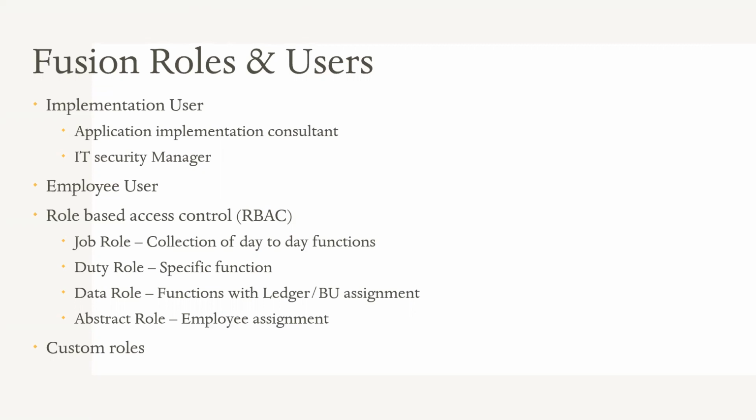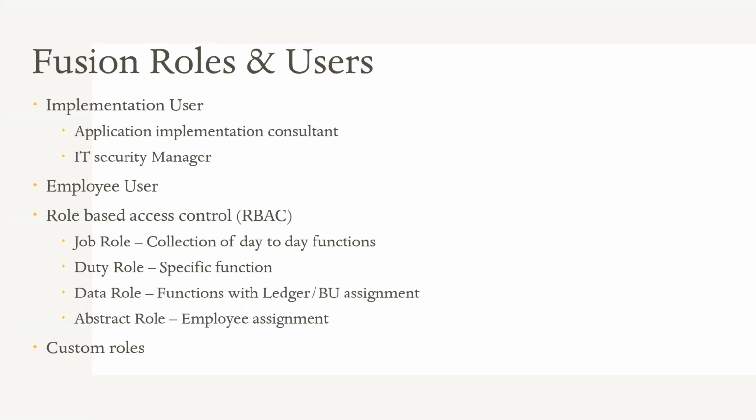And then we have a data role. Data role is something to give access to the user, that is, giving access to the particular inventory org. And then we have abstract role. Abstract role is something where we assign a particular role to a particular employee.